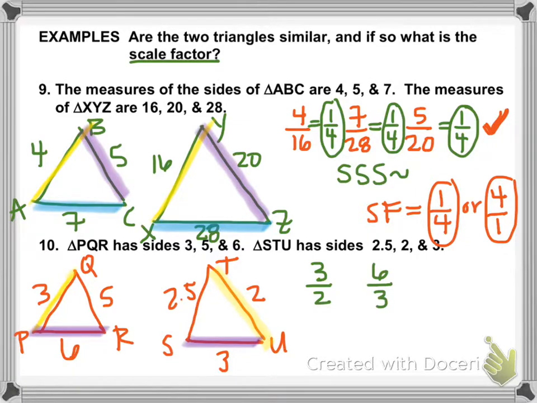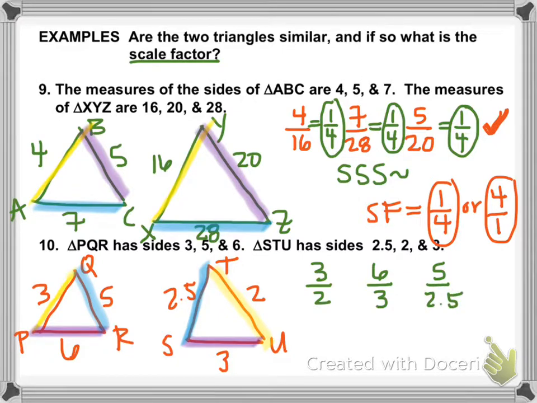And then my remaining two sides are my middle sides. We're going to put those together also in a ratio. That would be the 5 and the 2.5, so 5 over 2.5.